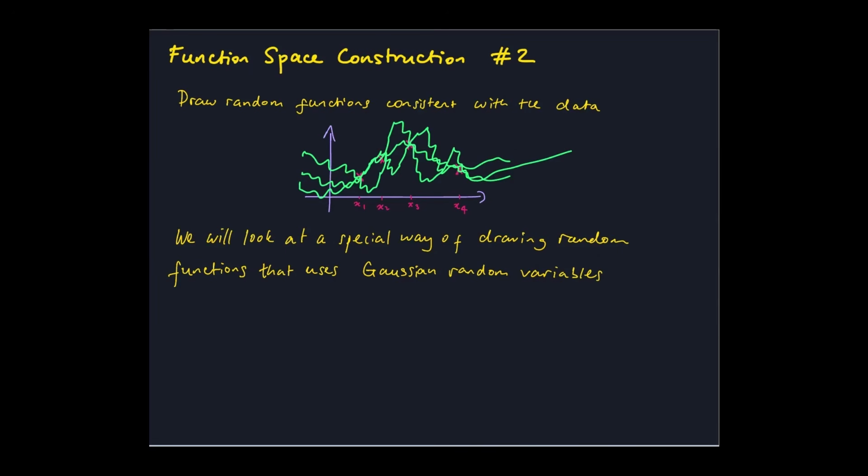But intuitively, this is what's going on with this technique. And there's a special way to make this computationally tractable. It basically amounts to making the way you generate the functions Gaussian, and then all the computations become straightforward.